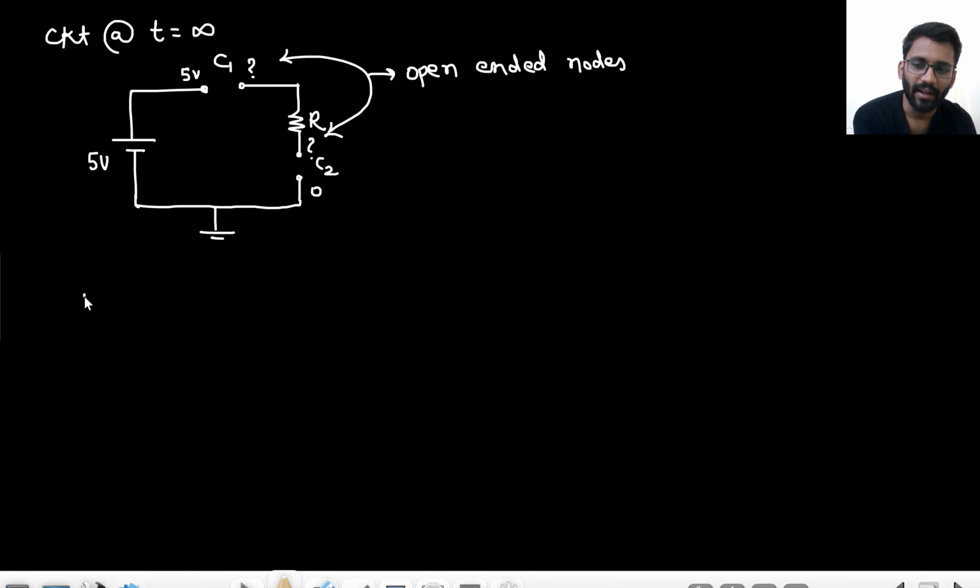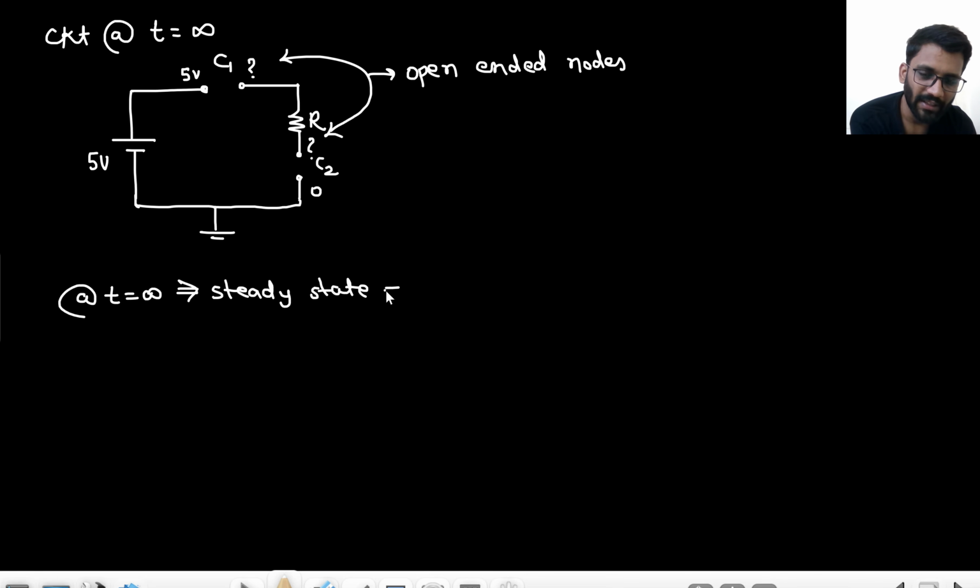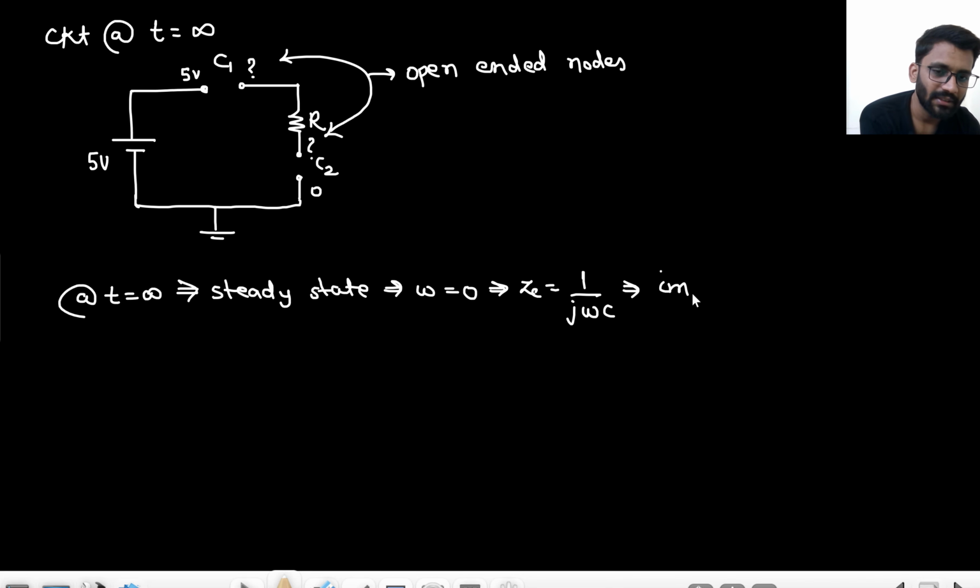Tell me one thing. At t equals infinity, that means steady state. So at steady state, omega is 0. That means the impedance provided by the capacitor is very high, right?